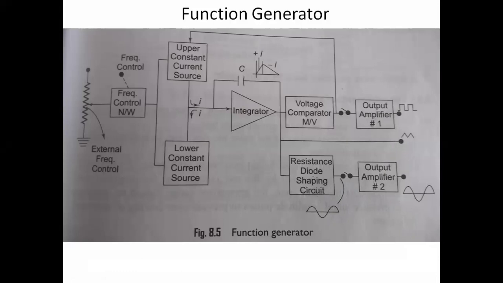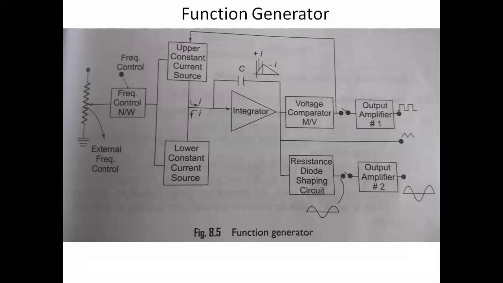Generally, in audio frequency sine wave and square wave generators, we used the Wien bridge oscillator. In that oscillator, we use an LC network or RC network, which we can call a tank circuit.